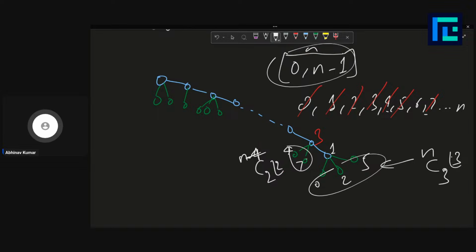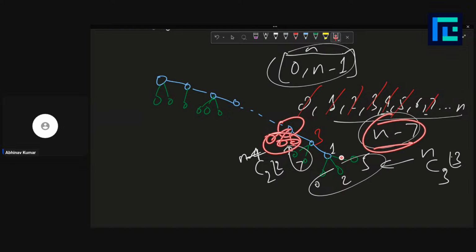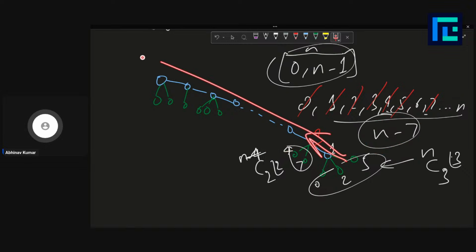So out of the n minus 4 values, you choose 2 values for this, and 1 value got automatically assigned to this. Now the remaining values are n minus 7. Out of these, whatever the number of leaves here, they would choose from the remaining values. So from the bottom, we can move ahead.